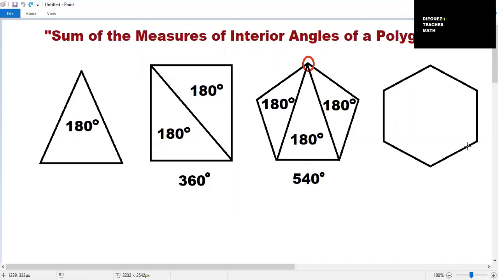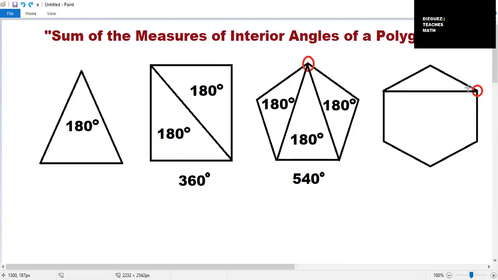So we move on to the next shape, which is a six-sided polygon, so a hexagon. And again, what I have to do is make sure that I pick a vertex. In this case, I'm gonna pick that vertex. I can pretty much pick any vertex, but I'm gonna pick that one. I draw my first line.